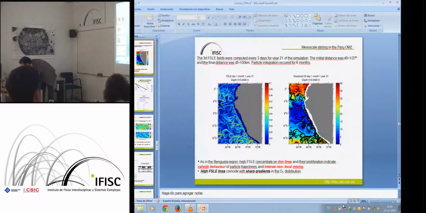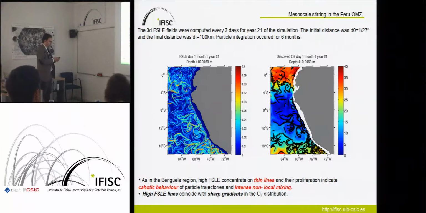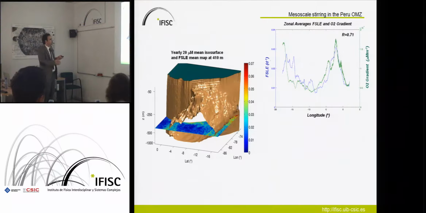This observation led us to hypothesize that there could be a strong correlation between the FSLE, which are a measure of stirring and mixing, and the oxygen field. And so we proceeded to analyze this possible relation. Firstly, I show you here a yearly average of the oxygen minimum zone.